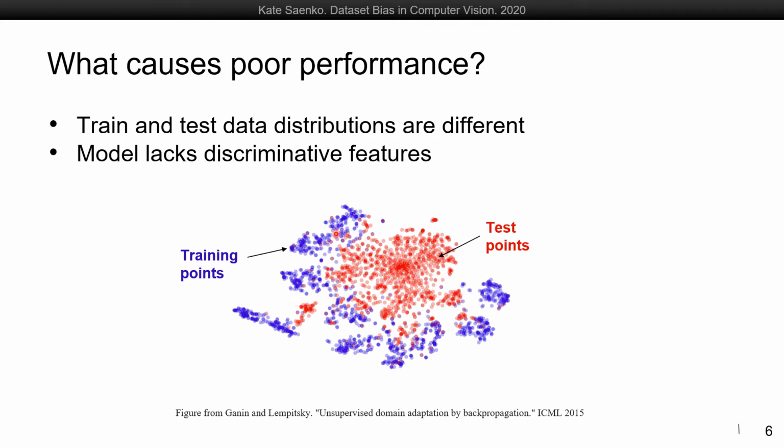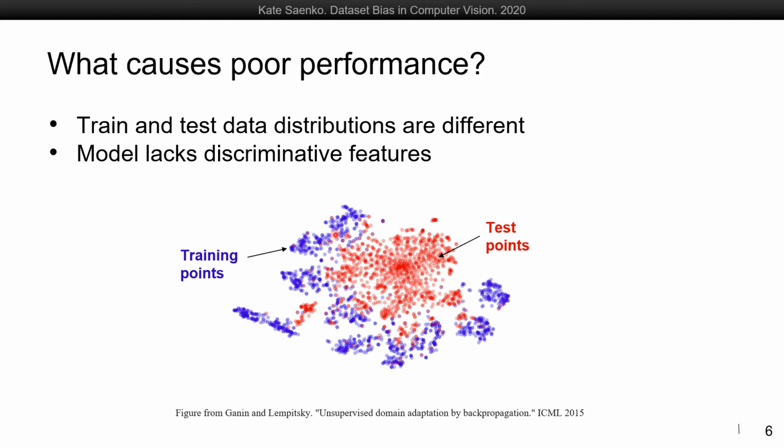And so when your training data and test data have different distributions, your model will not generalize well. There are theoretical results that provide even bounds on how poorly your model's generalization error will be in this case, and it's related to the distance between the domains, the distance between the distributions.